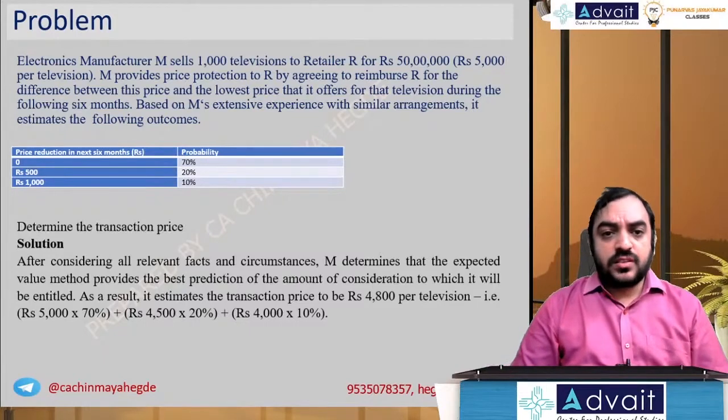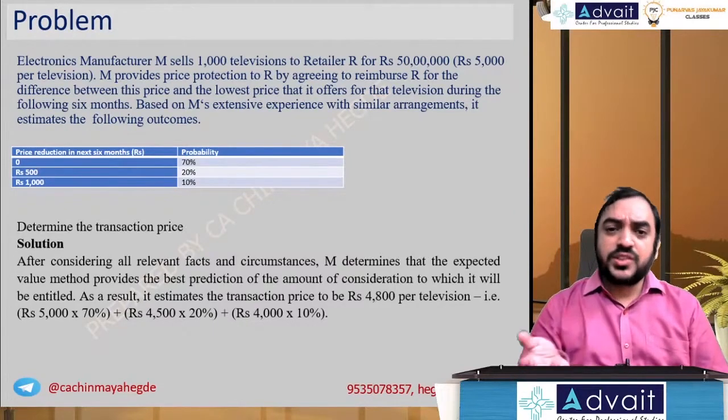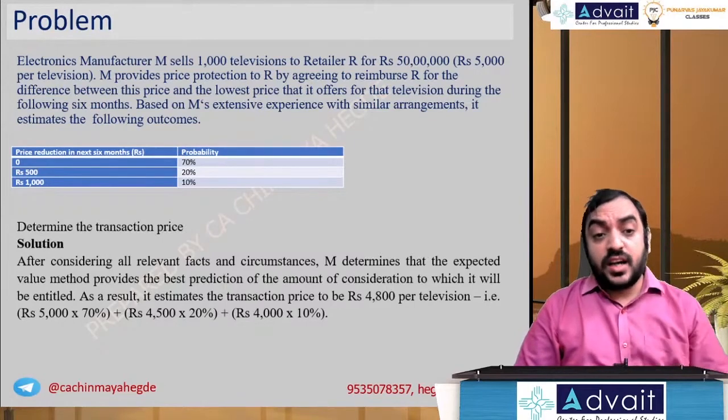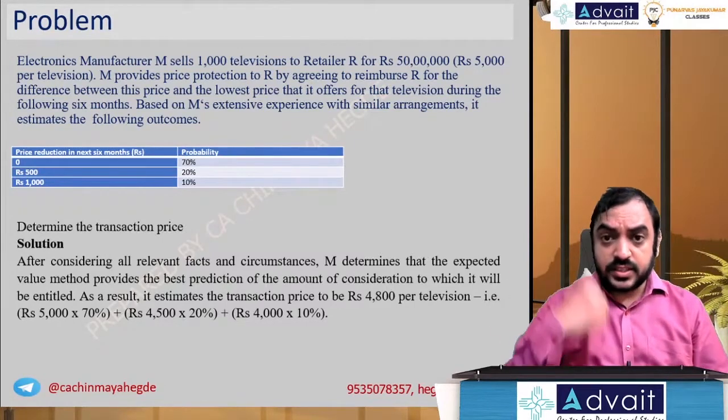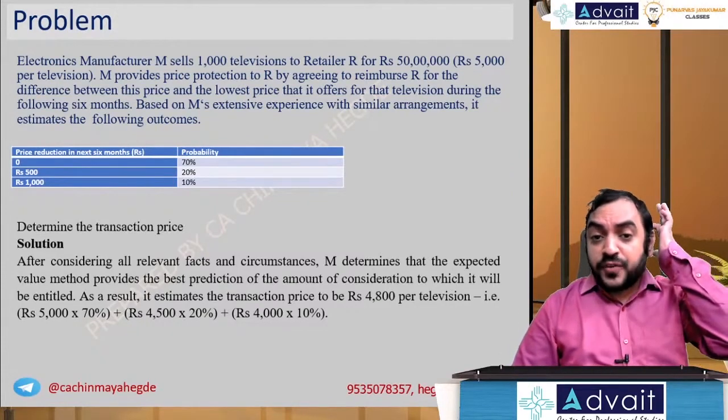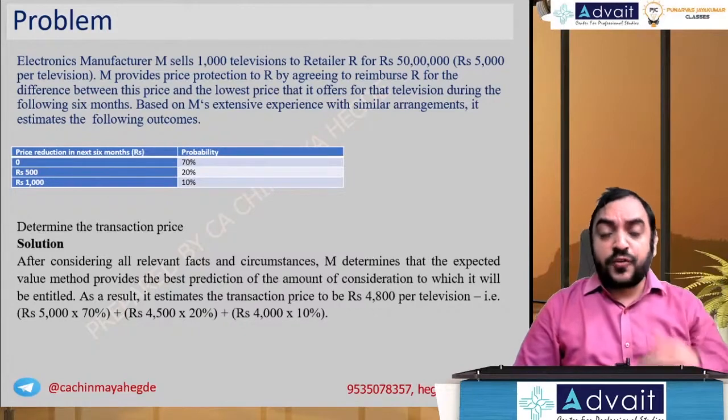Electronics manufacturer M sells 1000 televisions to retailer R for 50 lakhs. 5000 per television. 5000 into 1000, 50 lakh. M provides price protection to R by agreeing to reimburse R for the difference between this price and the lowest price that it offers for the television during the following 6 months.